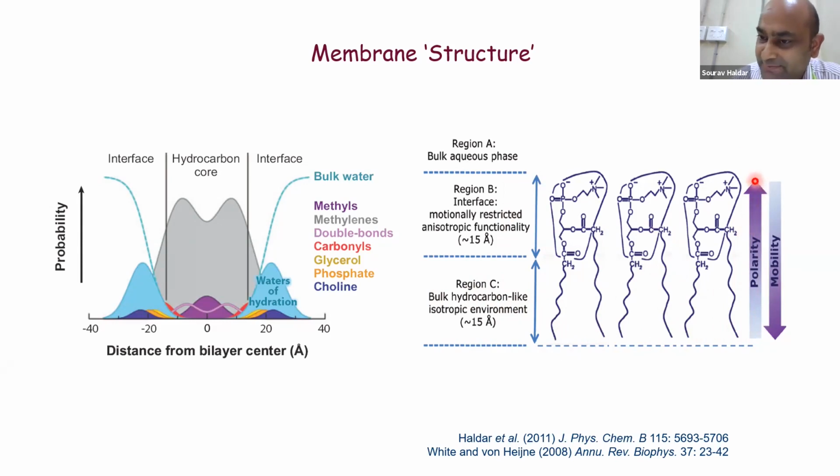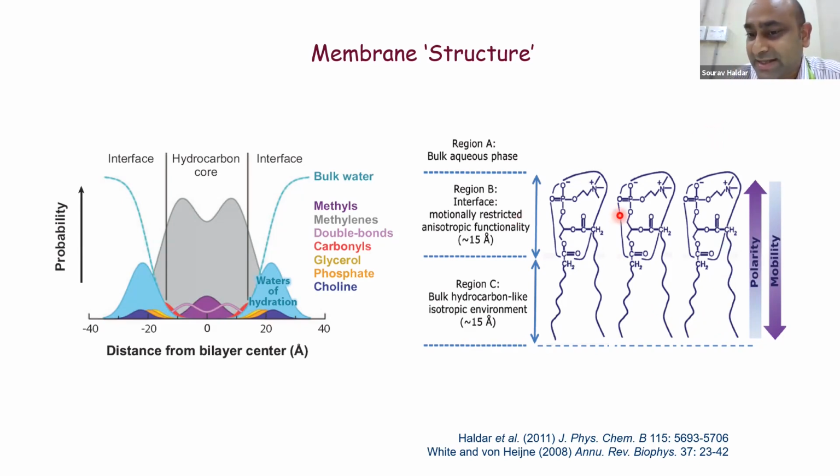In fact, we can give some numbers in terms of dielectric constant. Region C is more like a hydrocarbon, so the dielectric constant will be in the range of 2 to 6. Bulk aqueous region, it's 78.